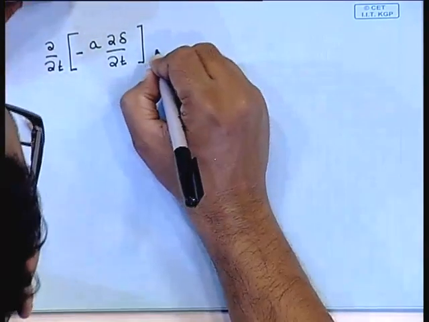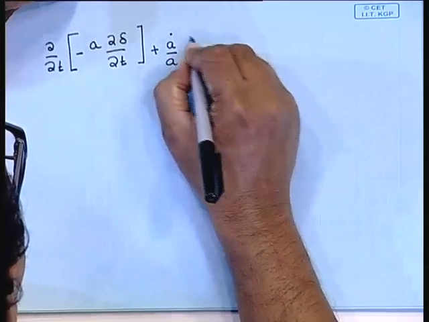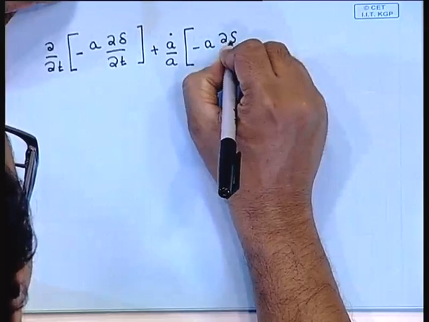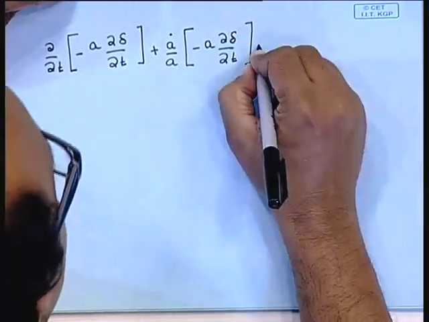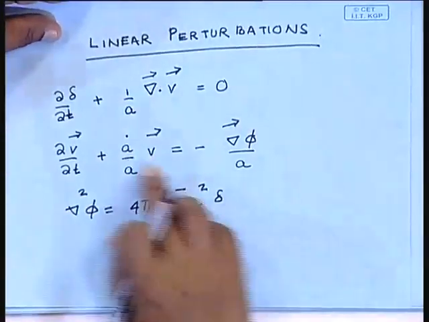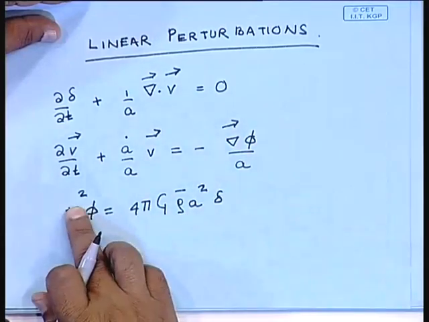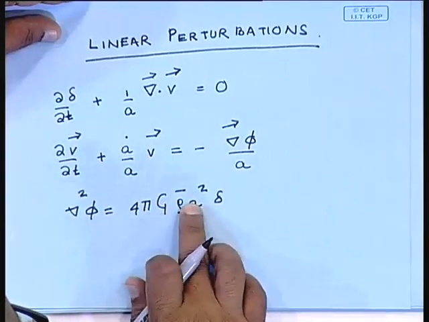The second term now is plus, this is equal to, that is the second term, minus del square phi by A. Del square phi, if I take the divergence of this, is 4 pi G rho bar A square delta.